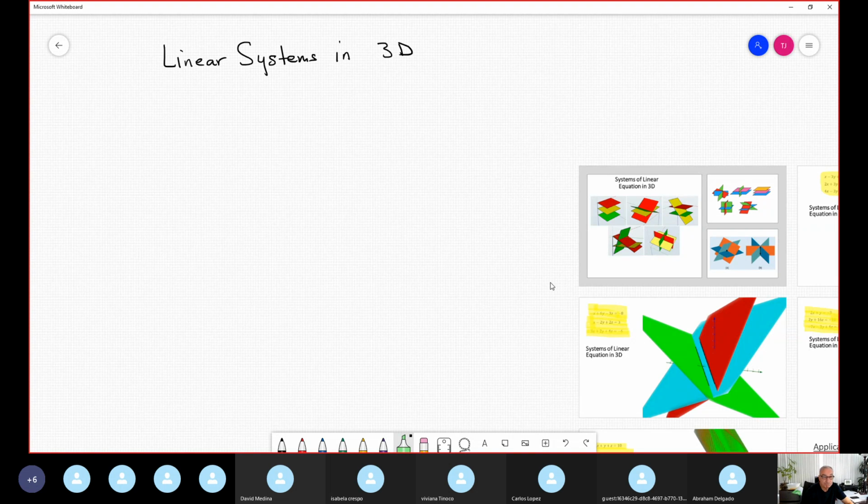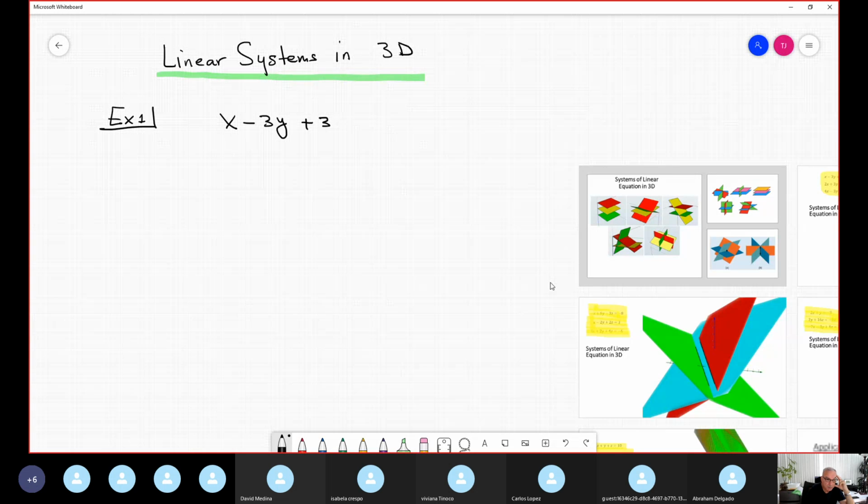Okay. For example, example 1 for the 3D. x minus 3y plus 3z equal negative 4.